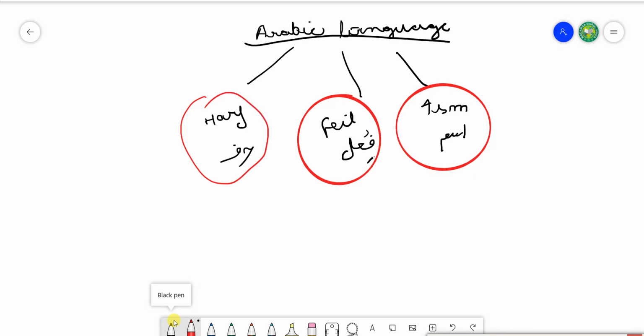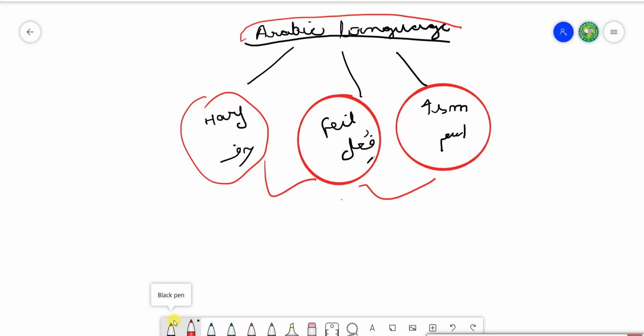Whether we are reading or writing anything or listening to any Arabic sentence, we will find out that there are a lot of ism, fail and harf combined together to form a complete sentence or even the whole Arabic language.